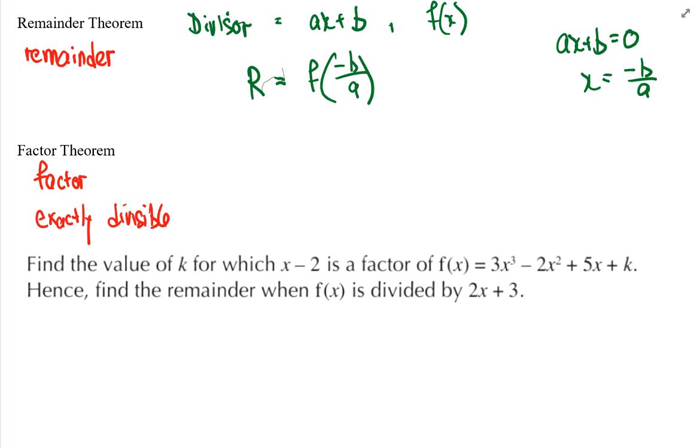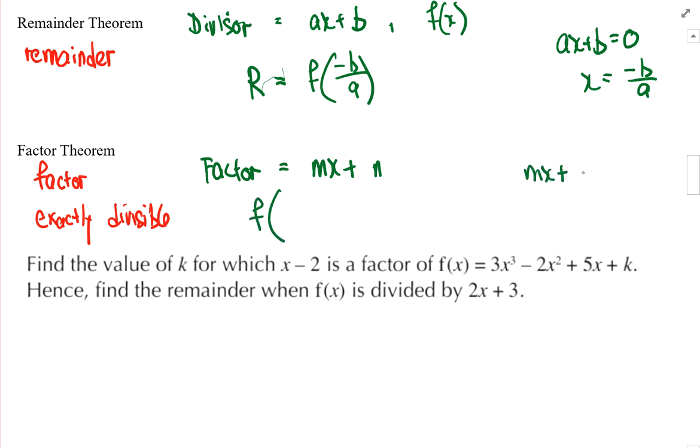In factor theorem, once you see the word factor or exactly divisible, we don't use the word divisor anymore. The factor must be given to you. Let me use a different one in this case. Let me call it mx plus n. So if the factor is given to be mx plus n, factor means that the remainder will be equal to 0.